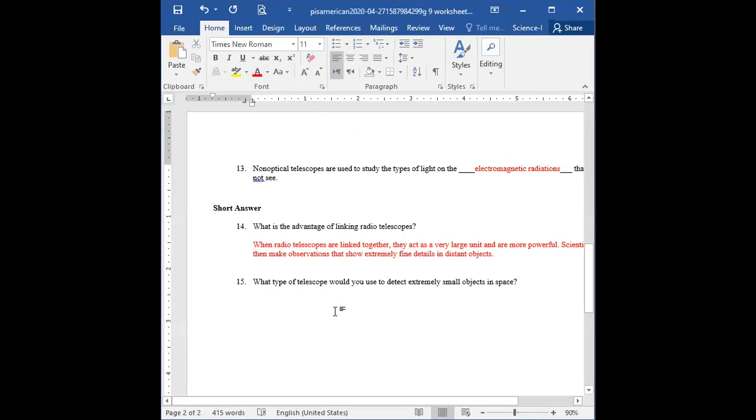It asks, what type of telescope would you use to detect extremely small objects in space? Non-optical telescopes. Yes, so we are just going to select one of the non-optical telescopes, maybe an X-ray telescope or maybe a radio wave telescope.